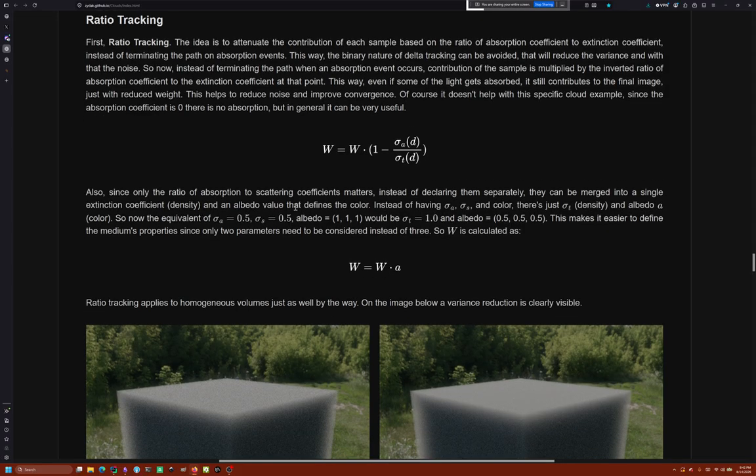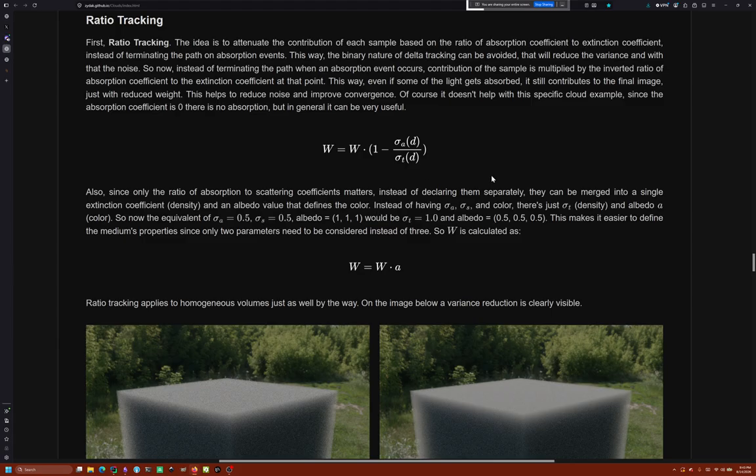Also, since only the ratio of absorption to scattering coefficients matters, instead of declaring them separately, they can be merged into a single extinction coefficient density and an albedo color that defines the color.